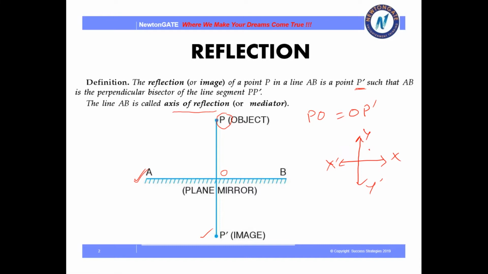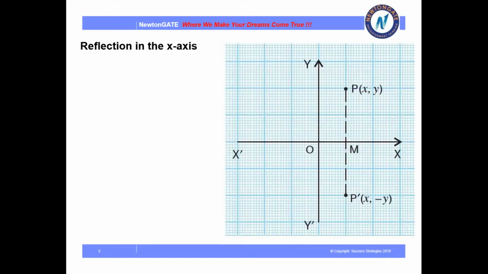So suppose we need to reflect a point on the x-axis. Let's see what will happen. If we want to reflect a point P on the x-axis, so x dash is our axis of reflection. We know that this distance will be equal to this distance, that is PM will be equal to MP dash.